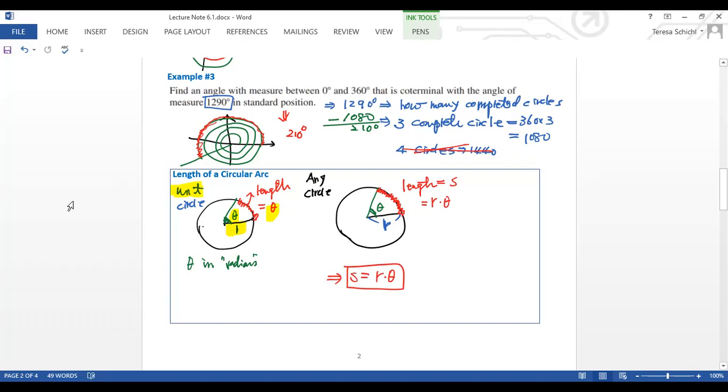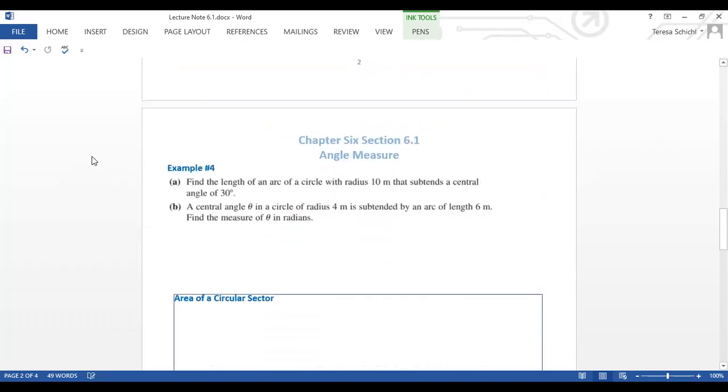Okay, so now let's take a look at some examples. Example number 4: find the length of the arc with radius 10 meters that subtends a central angle of 30 degrees. Be careful here. In the formula we just introduced, s equals r theta, theta has to be in radians, because that's our definition.